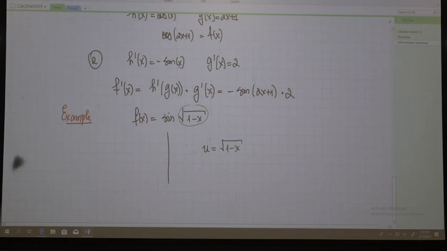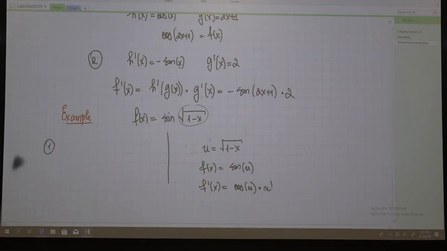Then your function f of x becomes sine of u, and the derivative of this function is equal to cosine of u multiplied by u prime. This is the first way. But I would suggest you do this with the decomposition because it really helps you understand what is going on inside.